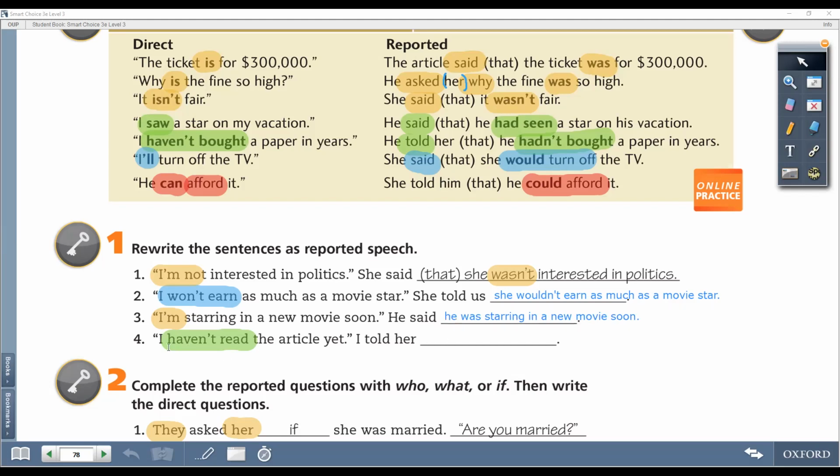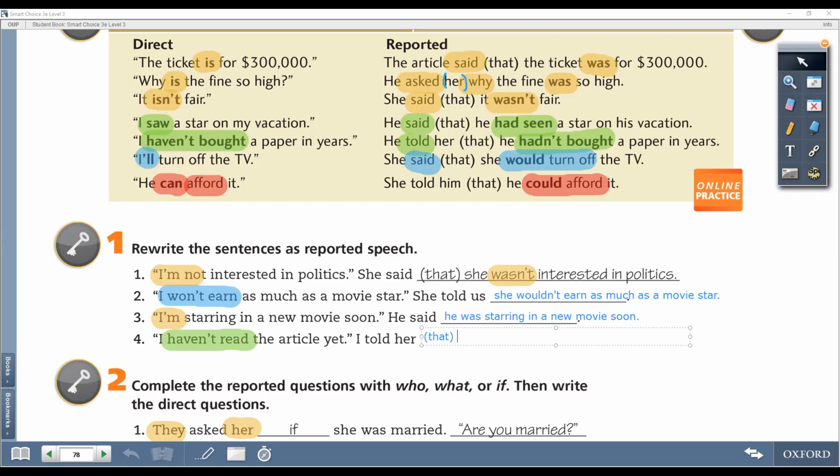Now the next one. I haven't read the article yet. This is a past situation. So what do I need to use? This is the green example. I told her, I can use that if I want. Okay, it's optional. Let's put it in parentheses so you know it's optional.